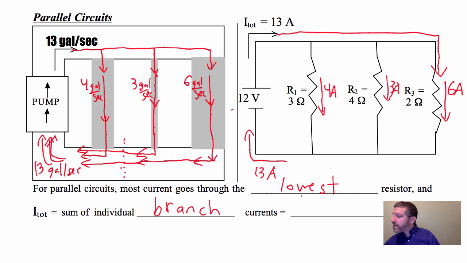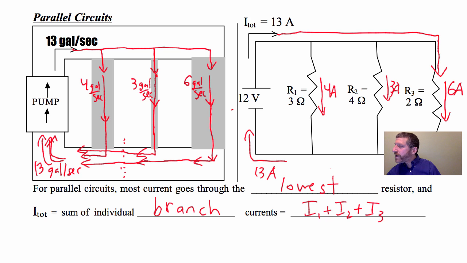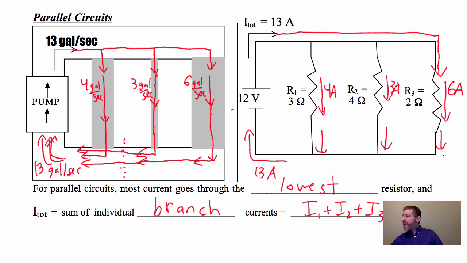The way we write that is I total is just equal to I1 plus I2 plus I3, where I1 is the current through R1, I2 is the current through R2, I3 is the current through R3, dot, dot, dot. So it's like a bunch of little creeks adding up to a big river flow. Creeks feeding into a river is very much like this.